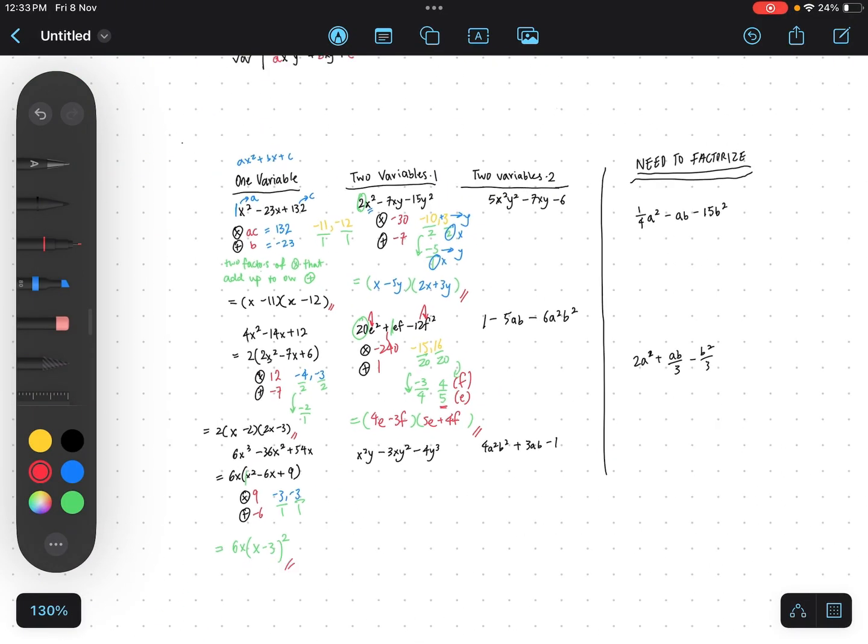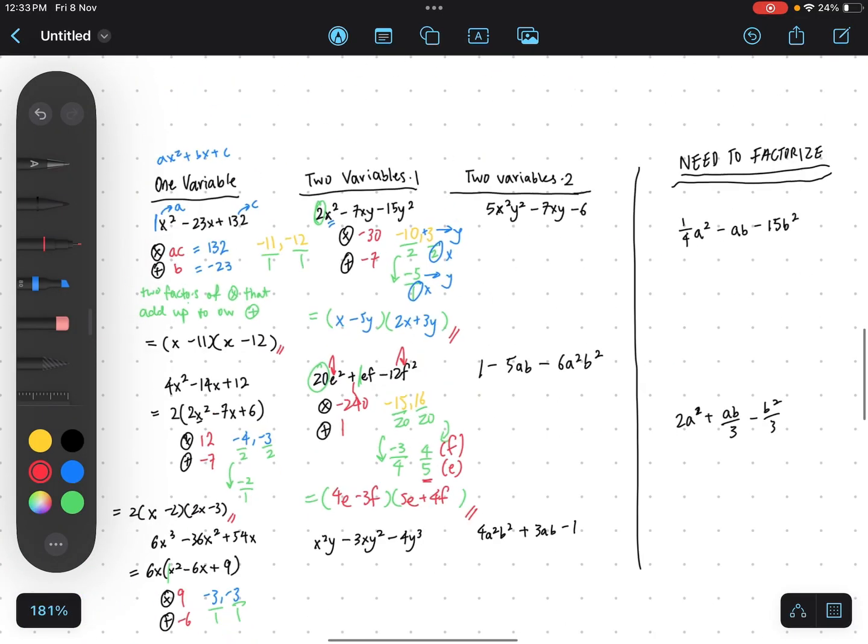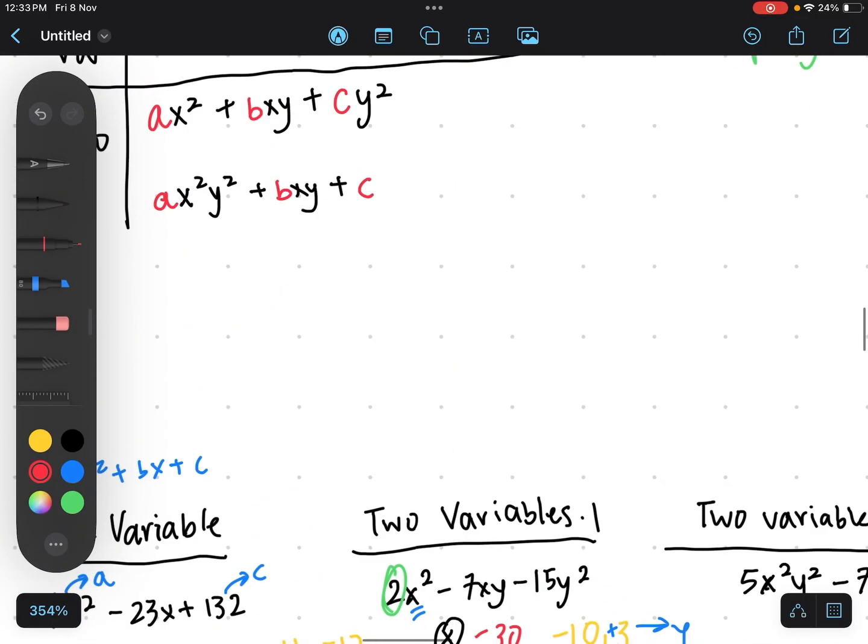Is this getting tricky? Well, let's continue. Now this one, as you can see, is very weird. We have not seen this before because our normal form will be, we'll write that down, ax squared plus bxy plus cy squared.